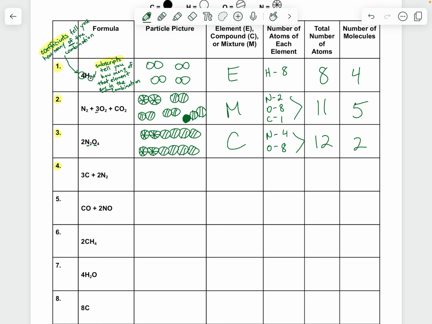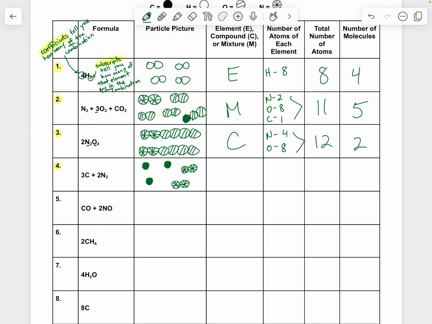And last but not least, C is the only part of this combination, and I'm going to have it 3 times. In terms of the nitrogen, it's going to be N2, so that means that there are 2 N's attached to each other, and the coefficient, or the large number in the front, tells me that there are 2 of that combination.